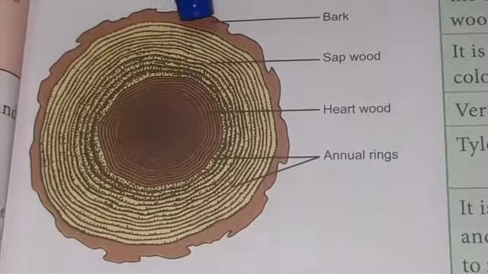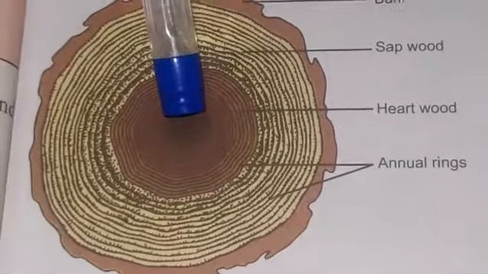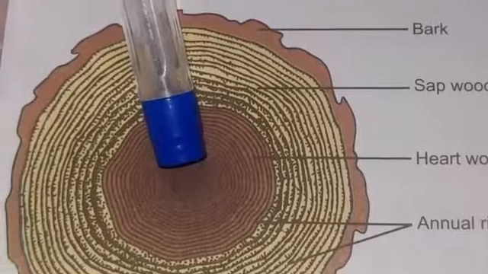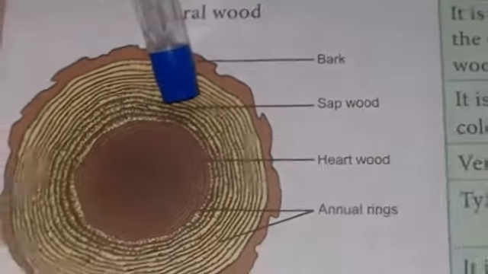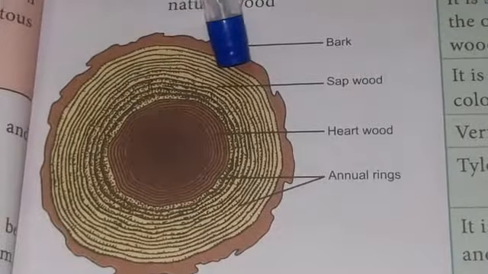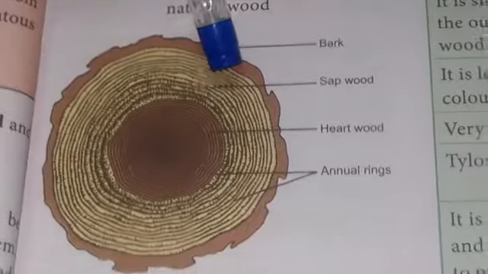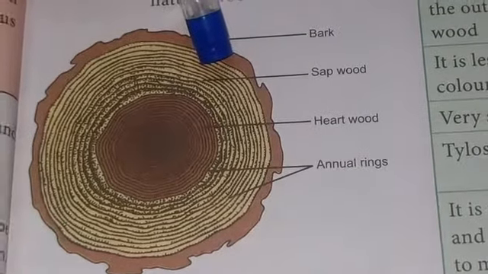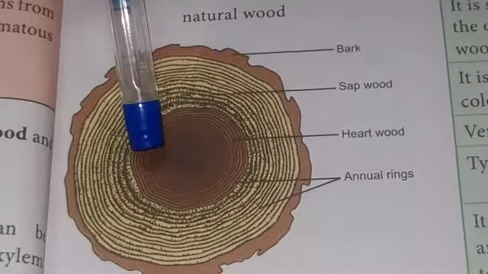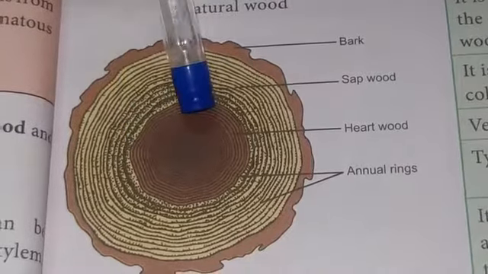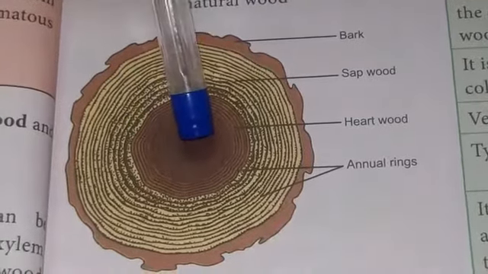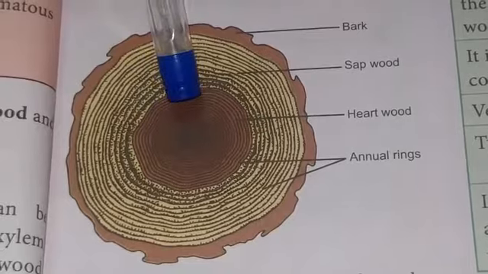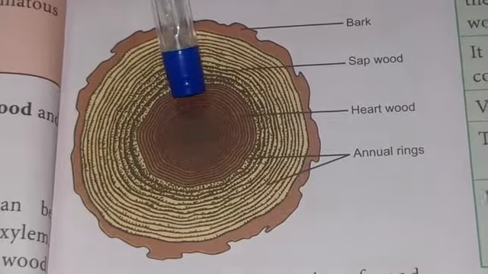The sapwood conducts water while the heartwood stops conducting water, as the vessels of the heartwood are blocked by tyloses. So the tylosis blocks the vessels of the heartwood, and they are unable to conduct water.